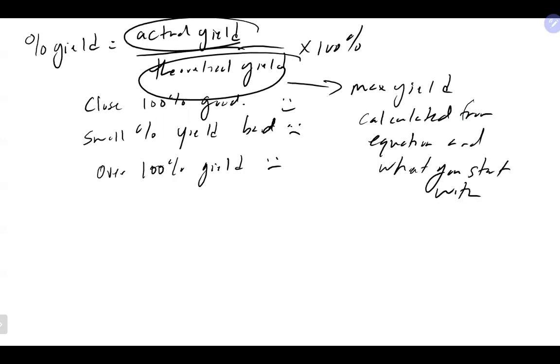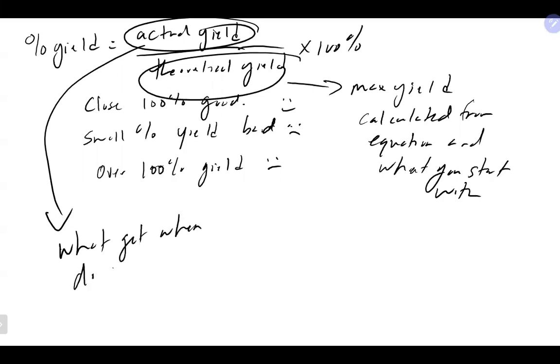The actual yield is pretty much what it sounds like, what you get when you do the experiment. That is usually given to you in a textbook problem. Your theoretical yield is usually the one that you need to calculate. Then you divide the two and multiply by 100 to get your percent yield. Any questions on that?